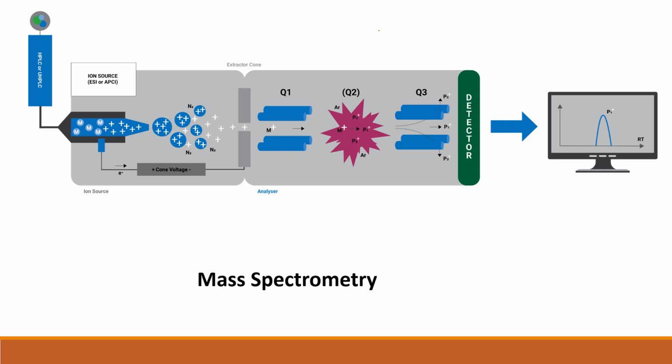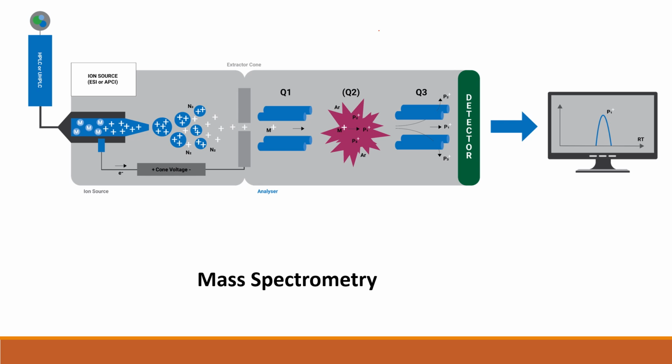Now coming to mass spectroscopy, this is the most widely used detector in HPLC. It is coupled with HPLC. Now, this spectrometer detects, identifies and quantifies molecules within a sample based on the molecular mass to charge ratio after ionization.